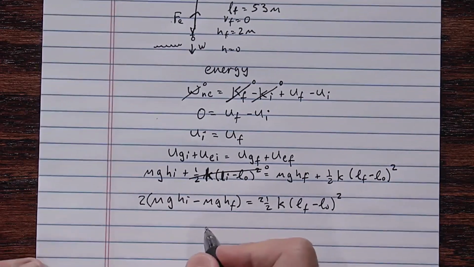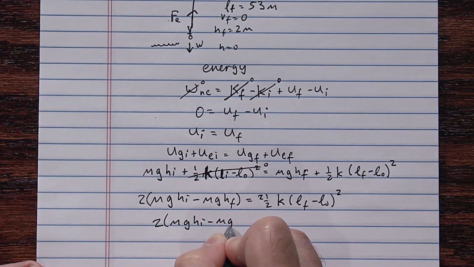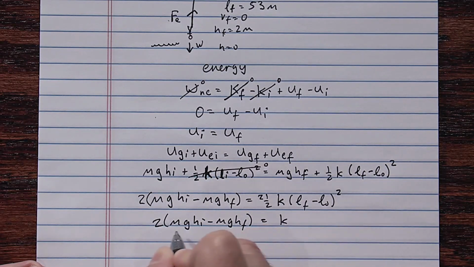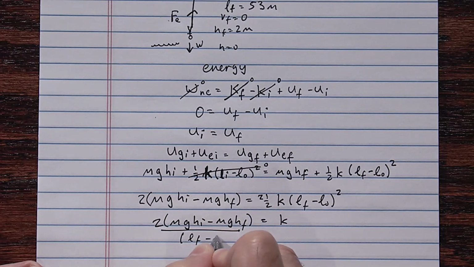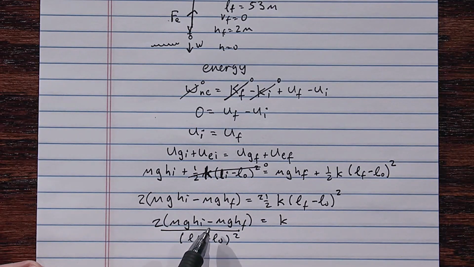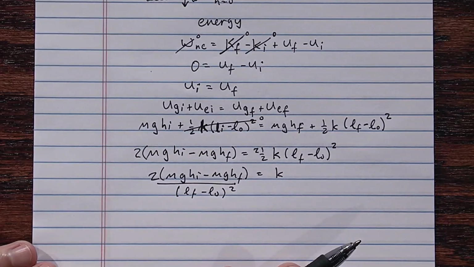So that will give me 2 mg times height initial minus height final, divided by length final minus length 0 squared, equals k, and that's what we're looking for.